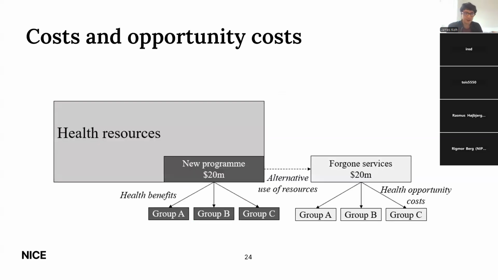Just a quick word as well on opportunity costs and costs. This is an example of conceptually what I mean around health opportunity costs and the distribution of health opportunity costs between different groups. So consider the large rectangle as our health budget, and then we have a new program that we want to fund that's going to cost $20 million.